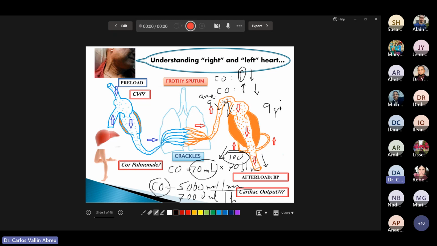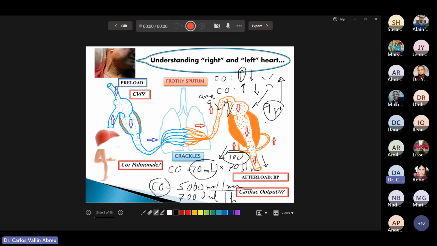The brain is receiving less oxygen because the function of the hemoglobin is transport of oxygen. If I have fewer buses, fewer transporters, now I need to compensate because my brain is receiving less than normal oxygen. And you know how my brain reacts? Immediately it becomes upset and activates the sympathetic nervous system.